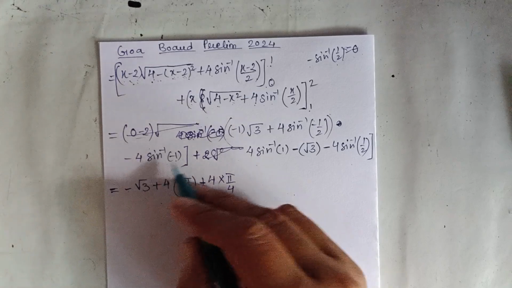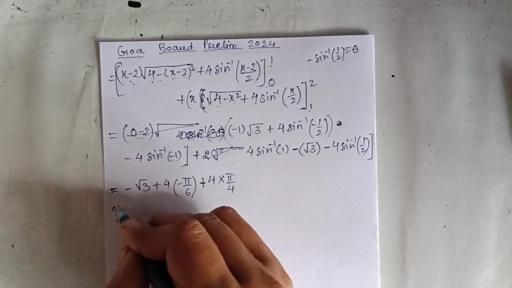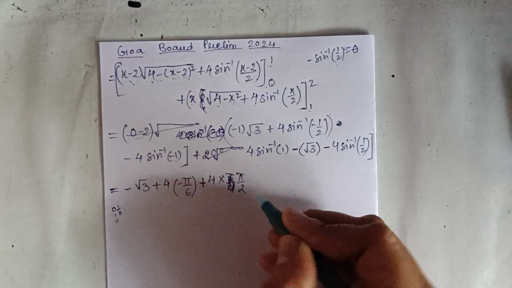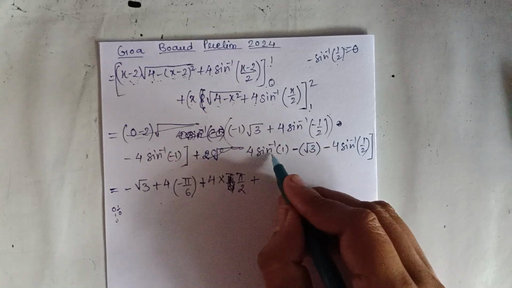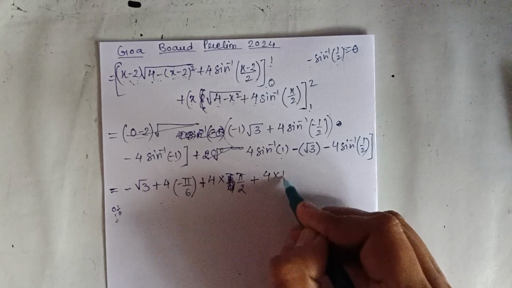Not tan, it is sine, okay. For 0, it is 0, 1, 0, 1, 0. So this is pi by 2. Again here sine inverse of 1, which is pi by 2.